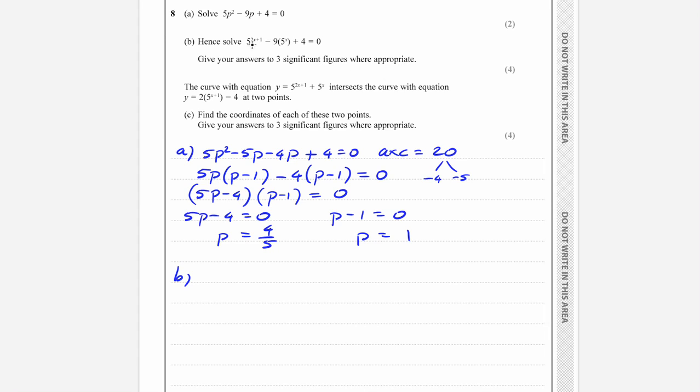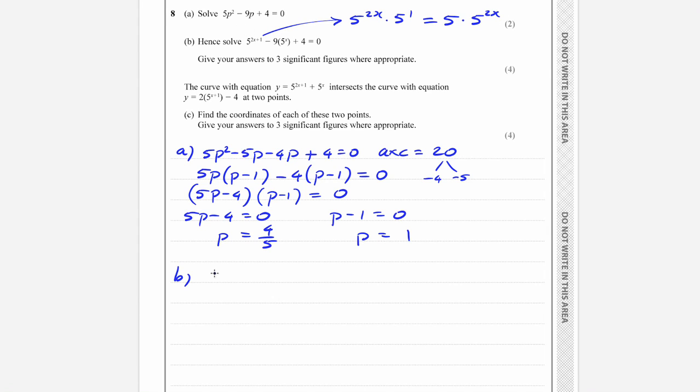Okay, so what we have, everyone, is what I call a quadratic in disguise. So 5 to the 2x plus 1, guys, is 5 to the 2x times 5 to the 1, because you would add the powers, which is actually 5 times 5 to the 2x.